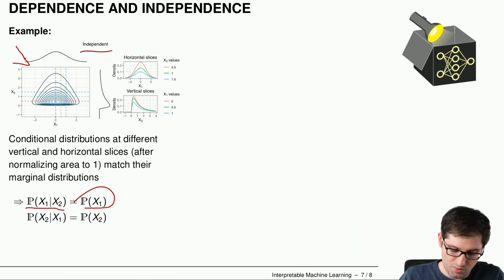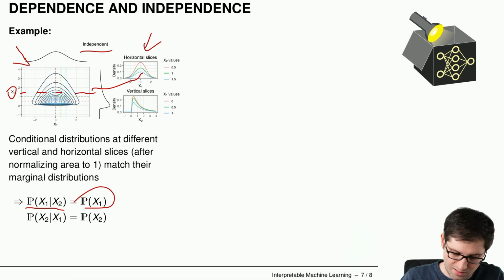If we look at horizontal slices, that means we are fixing one value of x2, and we will obtain this picture: for this horizontal line, we get this curve over here.